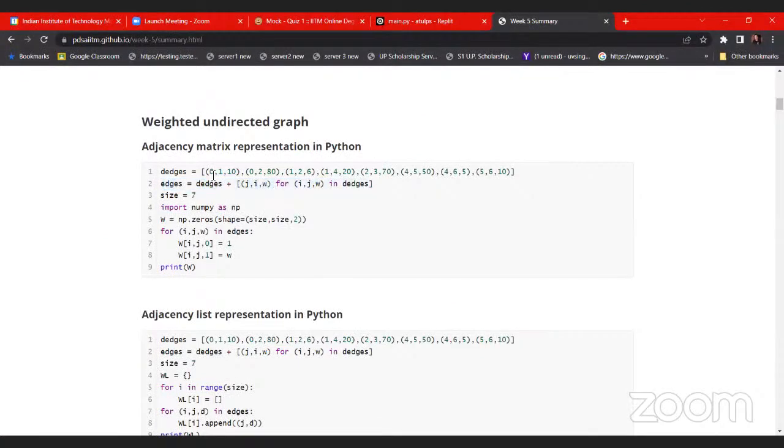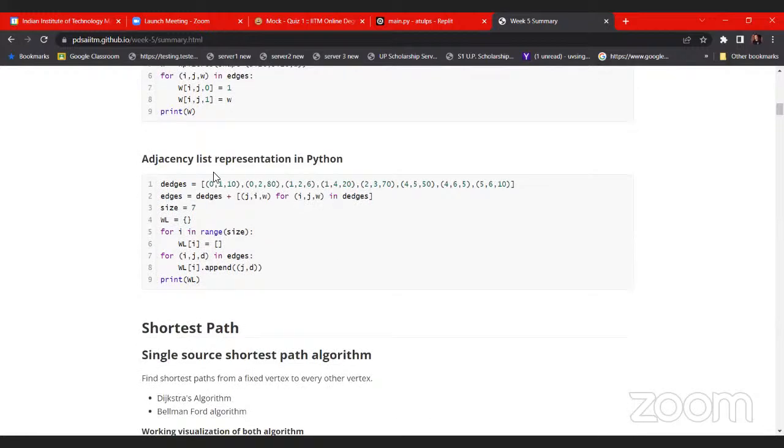If our edge is a directed edge, here we are just doubling the size, so in the second statement we are changing the order of source and destination. Here it is i and j, and here we are changing it to j and i. So we are getting the information for this edge from both vertex sides for the undirected graph. Same thing for the list representation of an undirected graph.